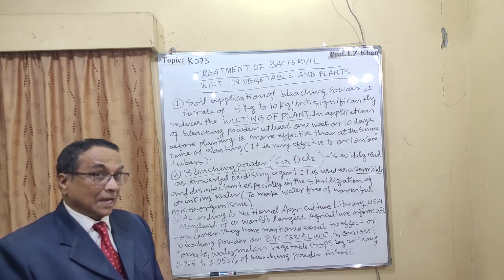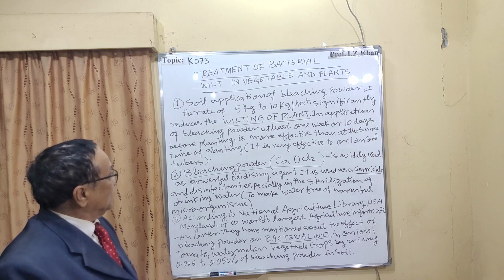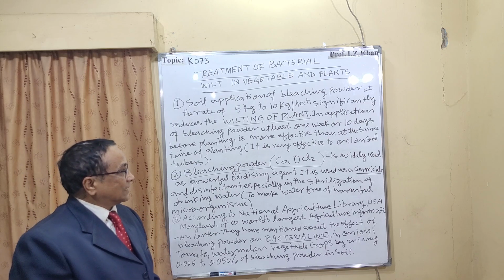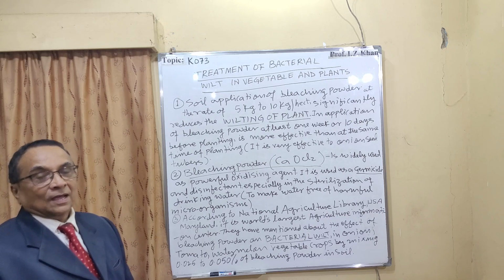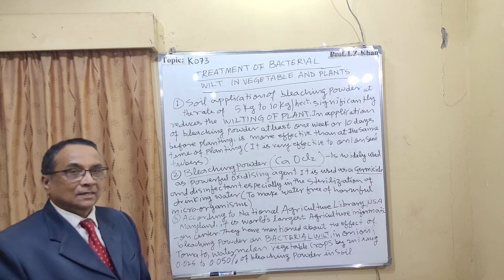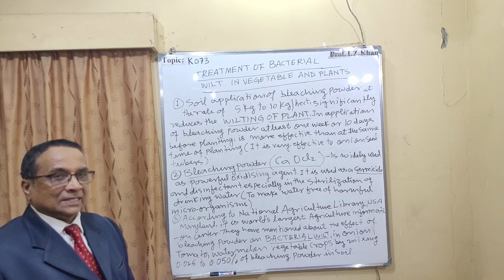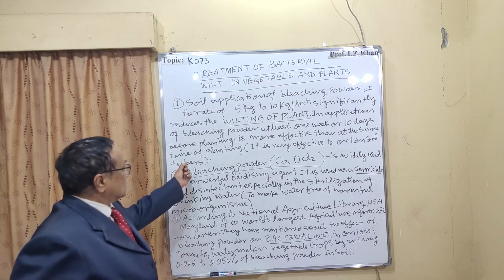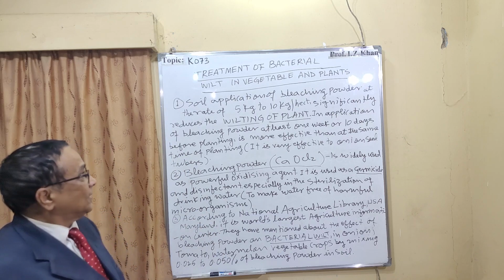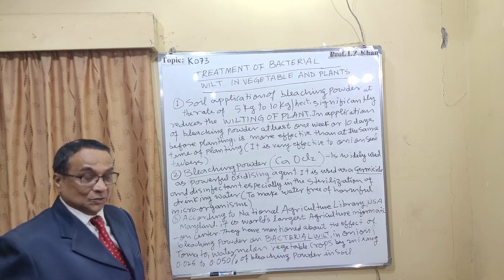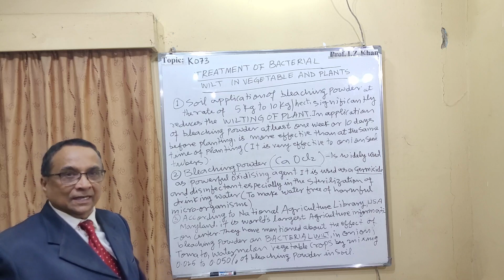And all the method I have already told you in the beginning. Planting, and it is very effective for onion seed tubers. Once it is applied in the soil, this is one of the most effective remedies for onion crop, where bacterial wilt is otherwise likely. That will be 100% clear.